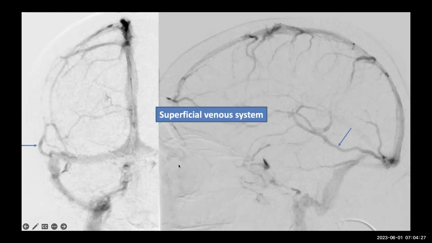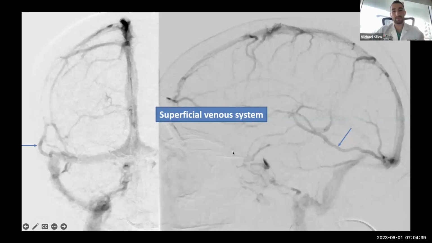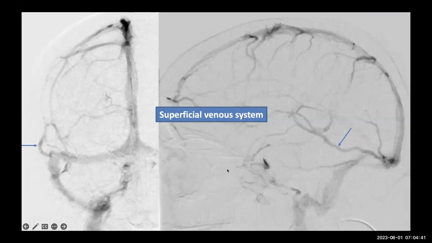I think that is, so large cortical vein, temporal lobe. I think that's, is that the basal vein of Rosenthal?